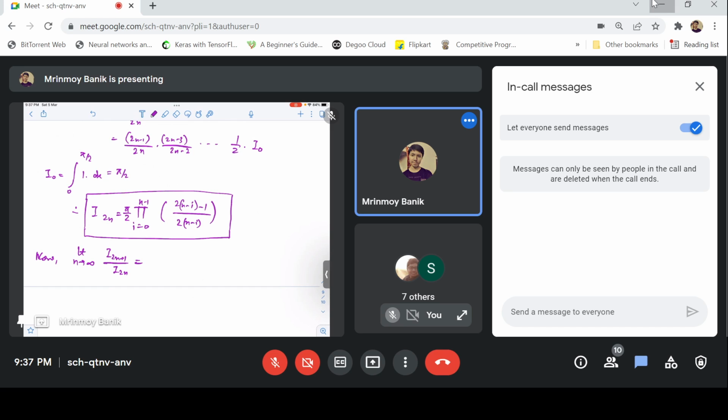So the numerator is something like (2n-2)/(2n-1), (2n-2)/(2n-1). Numerator is (2n-1)/(2n), (2n-3)/(2n-2), (2n-5)/(2n-4).